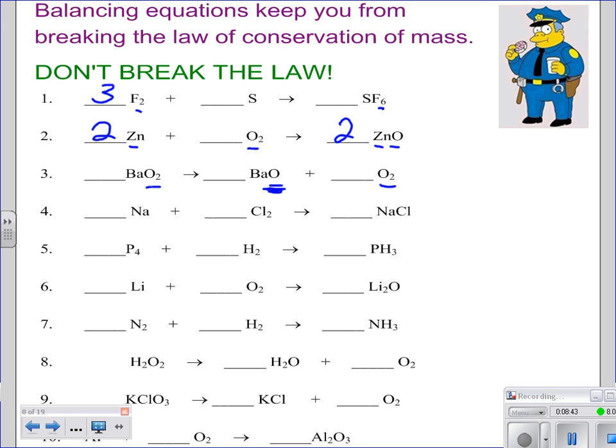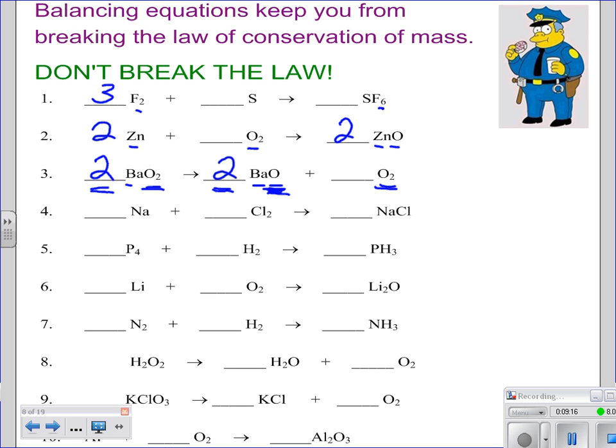So if I fix this and make it no longer odd, if I put a 2 there, that gives me a total of how many on the right-hand side? 4. So you've got 4 on the right-hand side. Let's see if we can fix that on the left now. If I put a 2 here, that gives me 4, and miraculously it fixed our bariums also in the process. So that last step, 2 bariums, 4 oxygens, 2 plus 2 gives 4 oxygens.